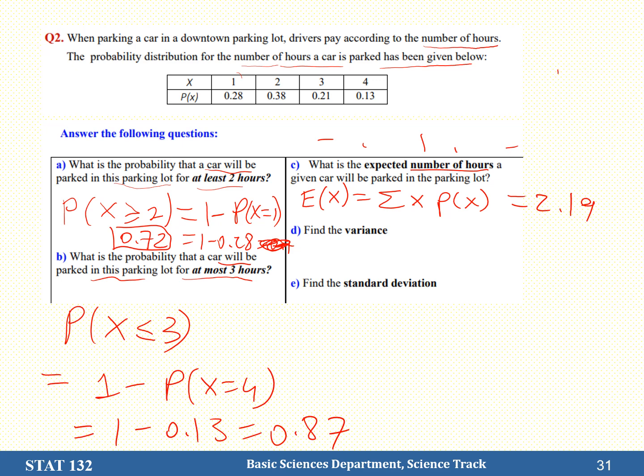So for the variance, let's remember the variance formula. The variance formula, sigma squared, is equal to the expected value of x squared minus mu squared, which means the sum of x squared times p of x minus mu squared. So let's try to calculate this one.